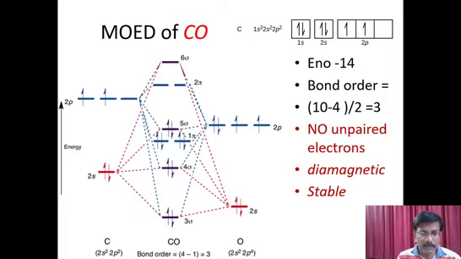Now when you look at 2p interactions, they are quite interesting there. They look like here. You see the diagrams. Red color lines are shown for 2s interaction. They are quite different there. The diagrams are a little bit mixed up here. And look at the 2p interaction. In 2p interaction, altogether 2 electrons from carbon and 4 electrons from oxygen combined. The total number of electrons is 4 plus 2, 6.